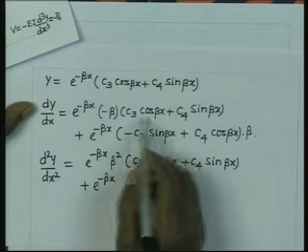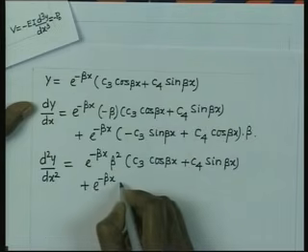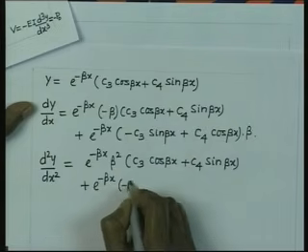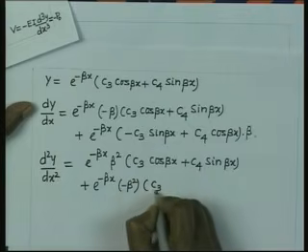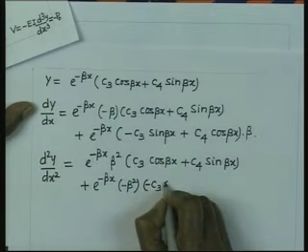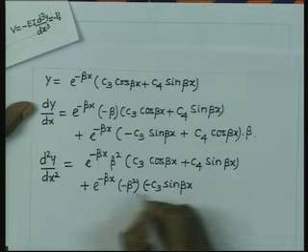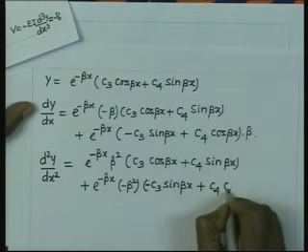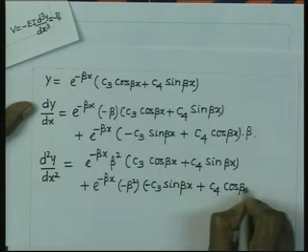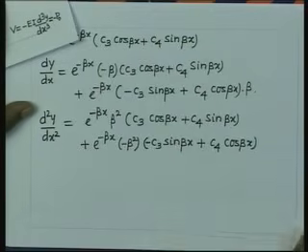If we take the beta which is going to come from differentiation of this, we can take it together. So, therefore, this will be minus beta square into C3 sin beta x, beta already we have taken out, plus C4 cosine beta x. So, that is from the first expression.